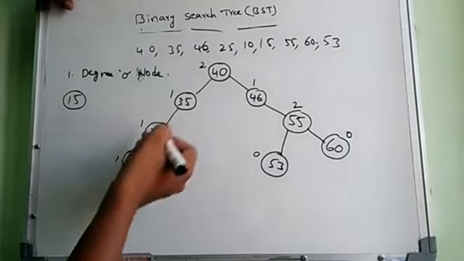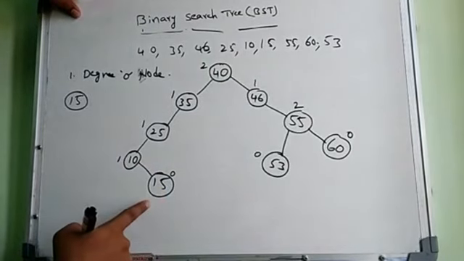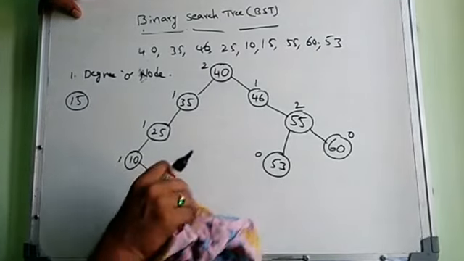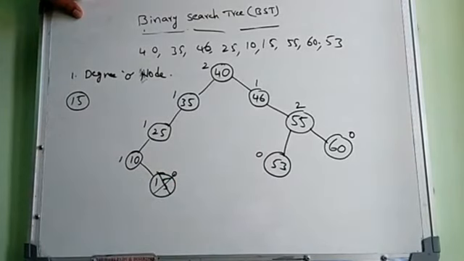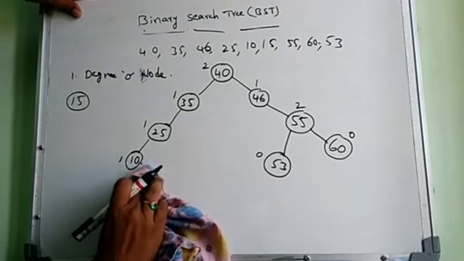You can search where the 15 is present. First of all, 15 is present here, with degree 0. So a degree 0 element is deleted successfully, as there is no effect on other nodes in the binary search tree.